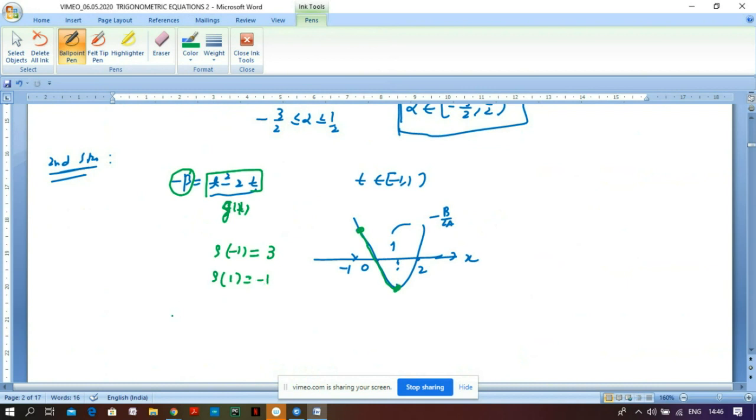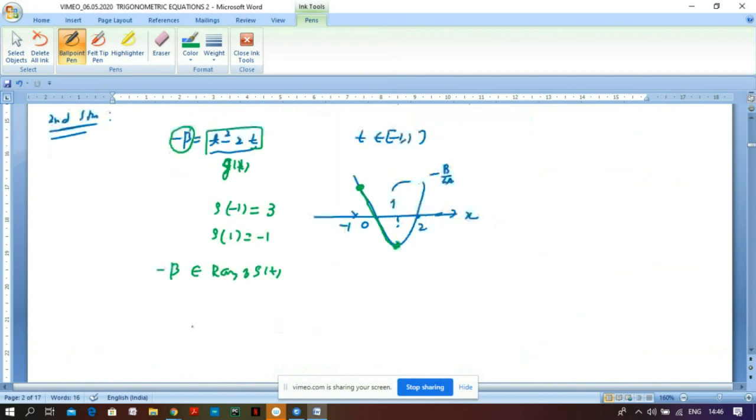So the condition becomes that minus beta must belong to the range of g of t, so minus beta must belong to the interval negative 1 to 3. And so it is the same thing: negative 1 less than or equal to negative beta less than or equal to 3. Now this is the same thing we got.